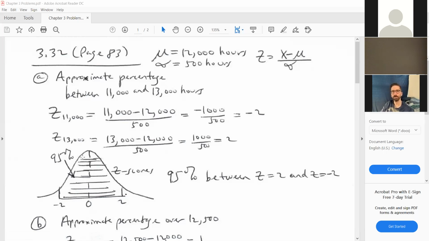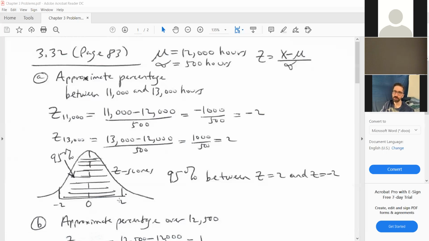All right, so you'll learn more about this a little bit later, but the area under the curve tells you the percentage of values that are in between two values. So from 0 to 2, this area here is the percentage of light bulbs that have standard scores between 0 and 2, or another way of saying it, that have lifetime hours between 12,000 and 13,000.